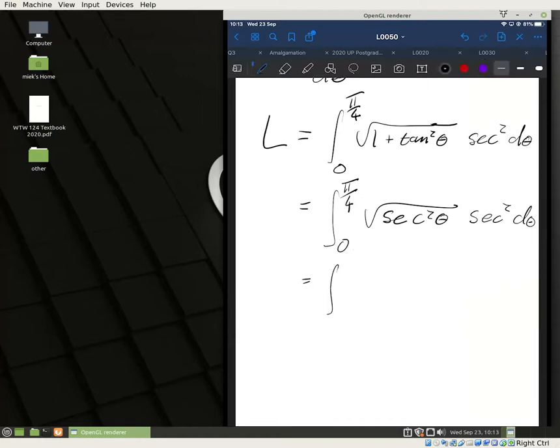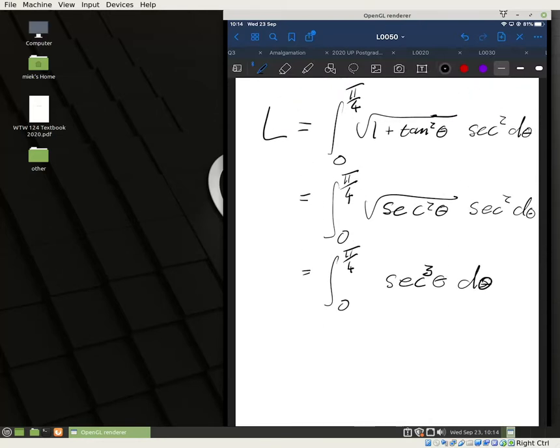So what do we get? The integral from 0 to pi over 4 of the absolute value of sec theta, but since everything is positive on the interval from 0 to pi over 4, we can forget about the absolute values, and multiplied with that sec squared, we get the integral of sec cubed.